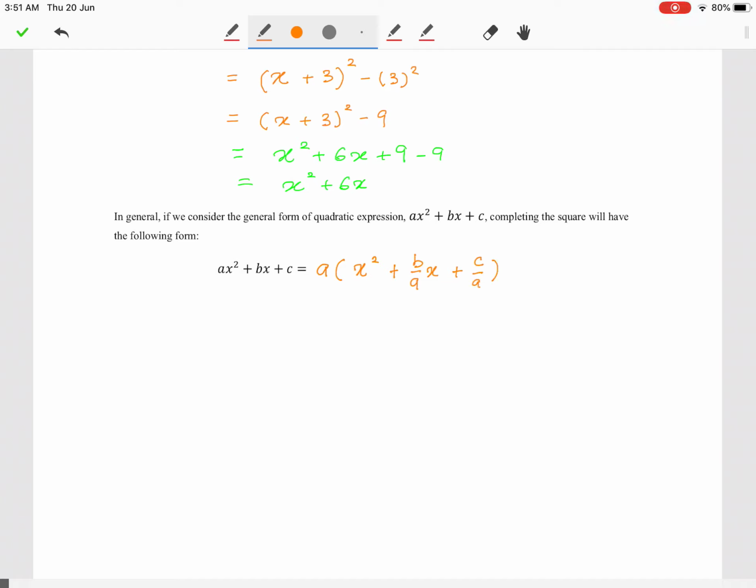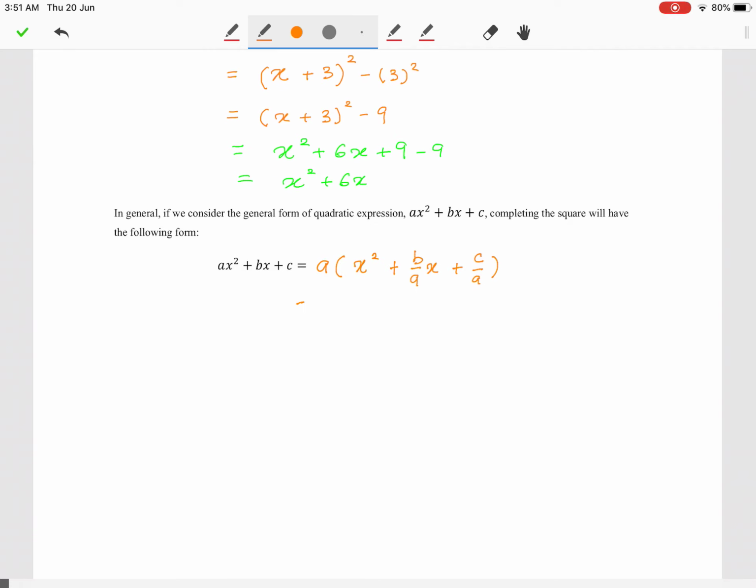Okay, now for the expression in the bracket, we repeat the same process as what we have done in example 1. So we add the b over 2 square.